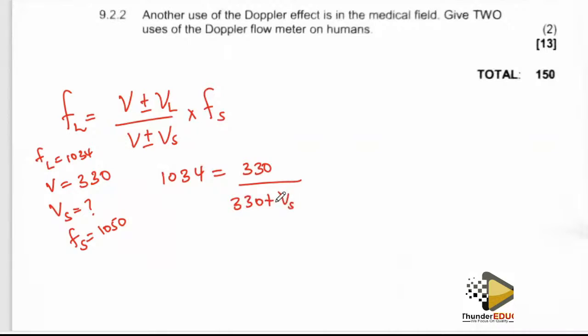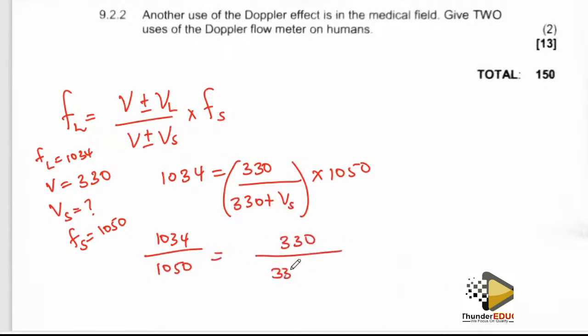Why are we plusing? Because we want to increase the velocity down here so that the frequency is smaller. Then I multiply by 1050. Step number 1, multiply both sides by 1050, so 1034 over 1050 is equal to 330 over 330 plus V_s.